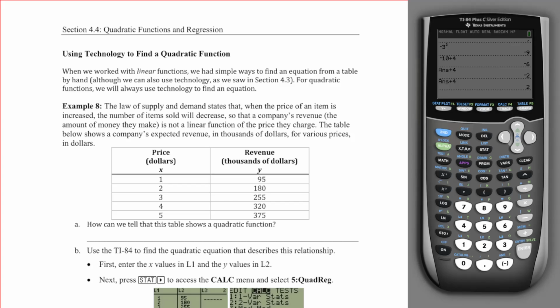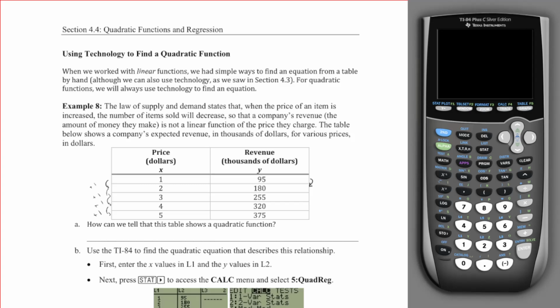So first we're going to identify whether this table represents a linear function. We see each time we go down a row, the change in x is constant. The change in y, well, for this I actually need to work out subtraction.